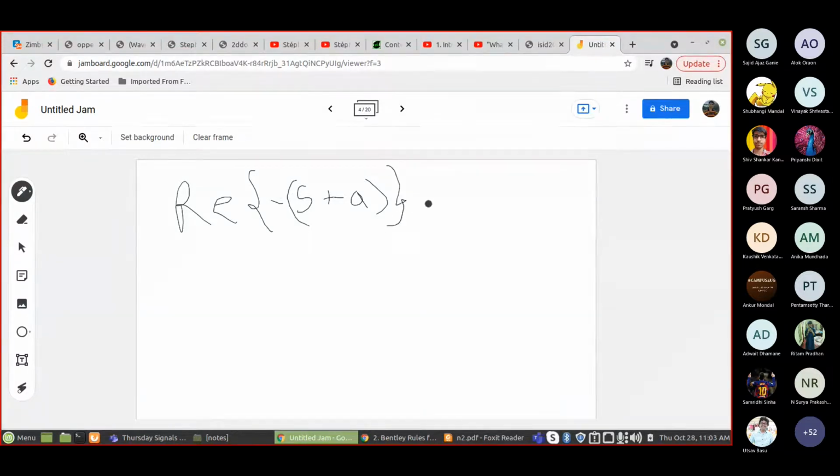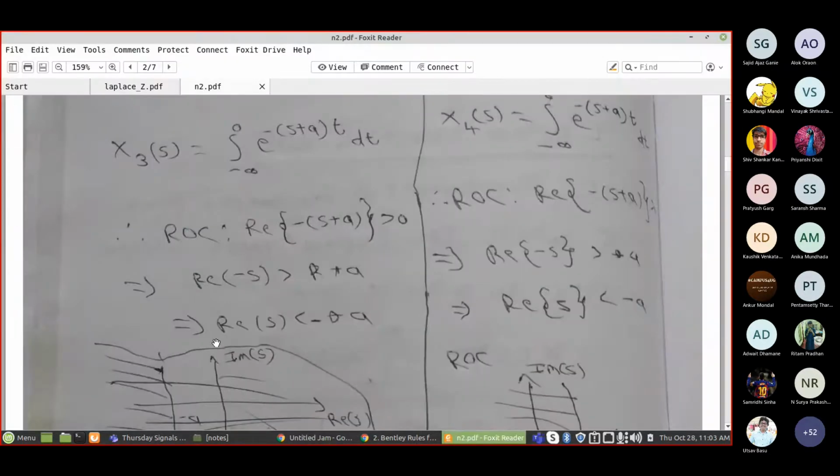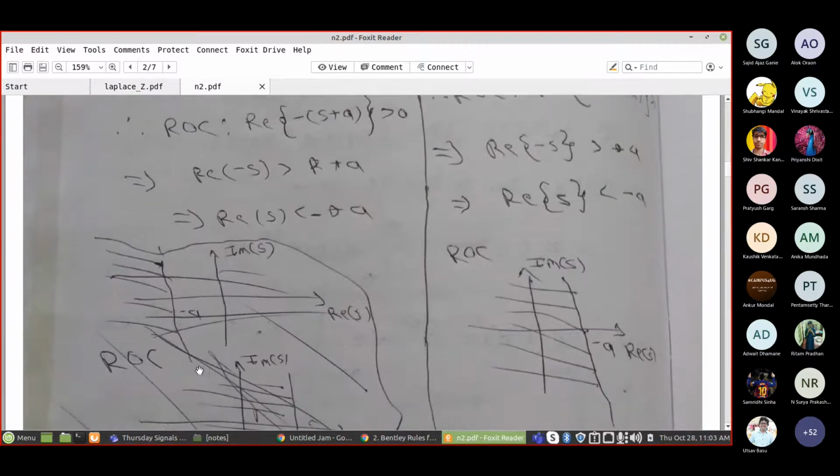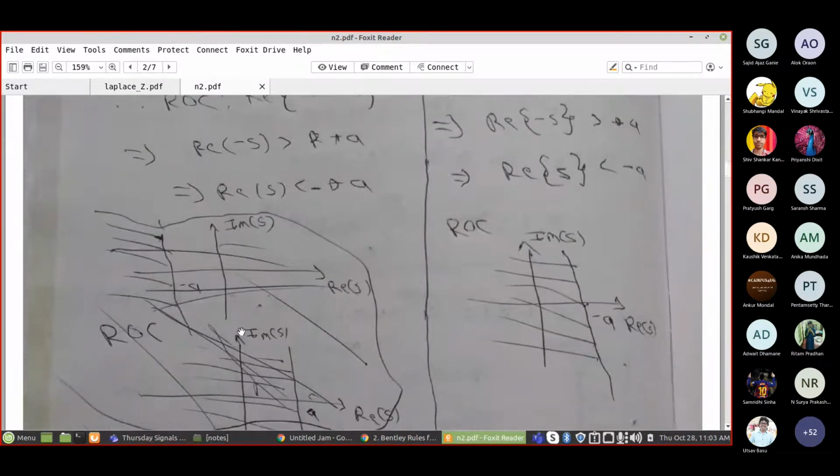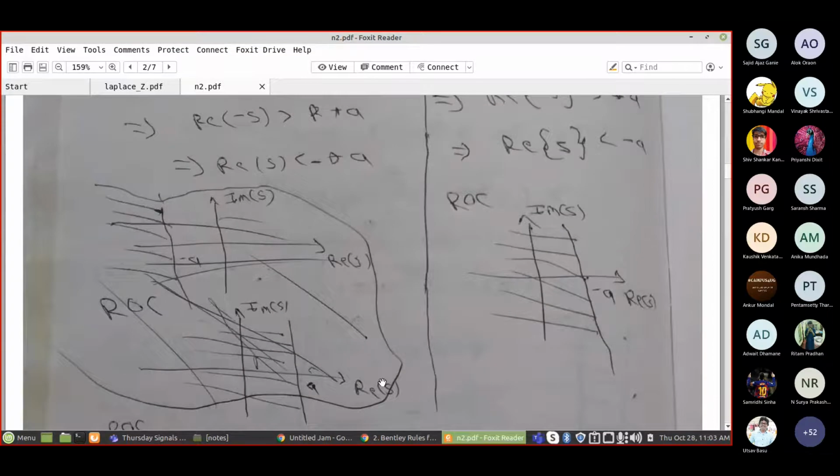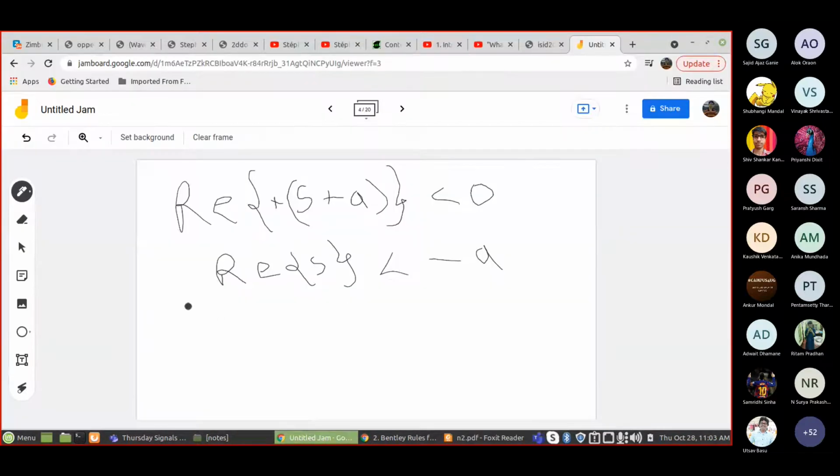This being greater than 0 is the same as the real part of s plus a being less than 0, and then this implies the real part of s must be less than minus a. Yes, I made some mistakes here, but I think this is correct. You can also check this properly.